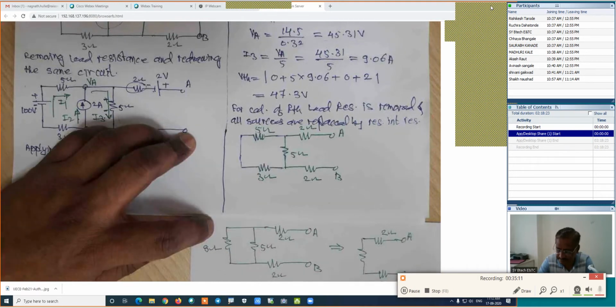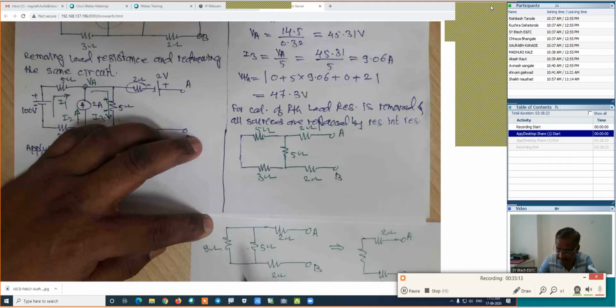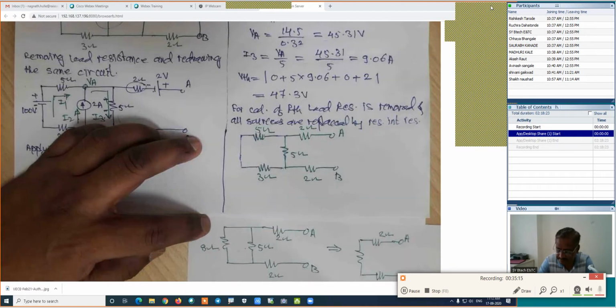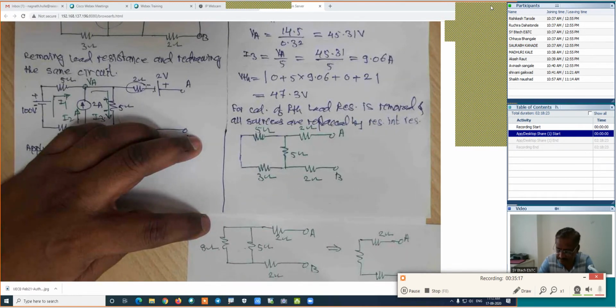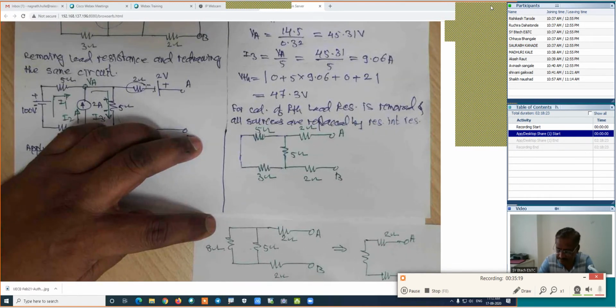And how much is the parallel combination of these two? Anyone? 3.07. 3.07 ohm.